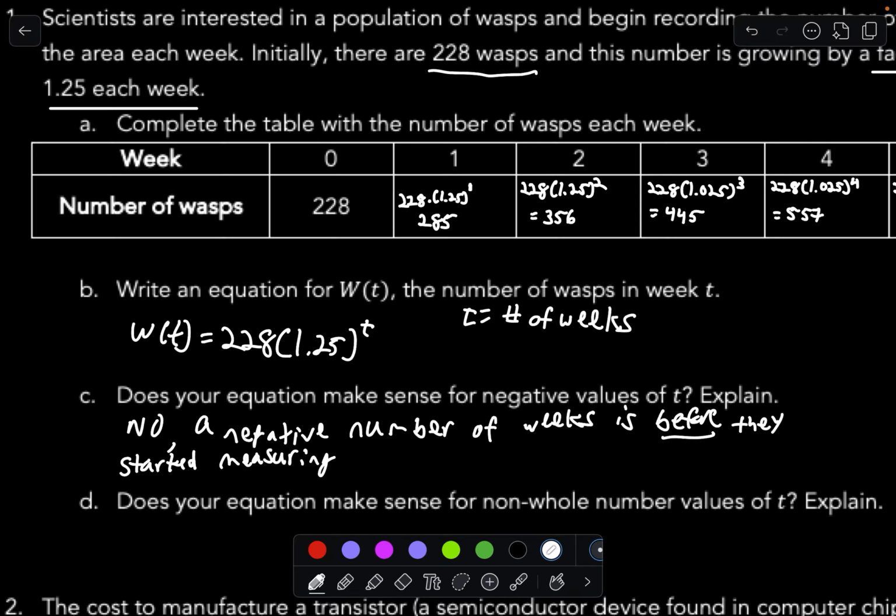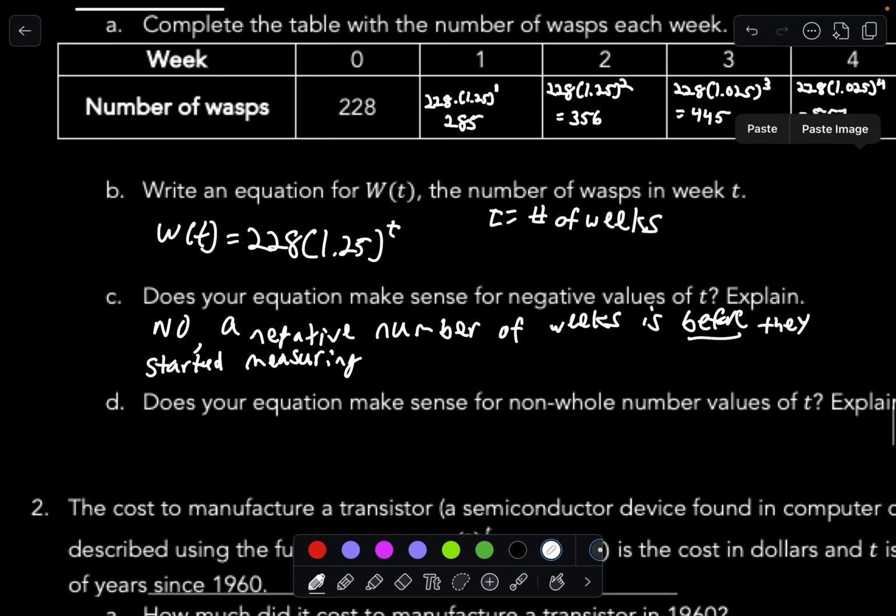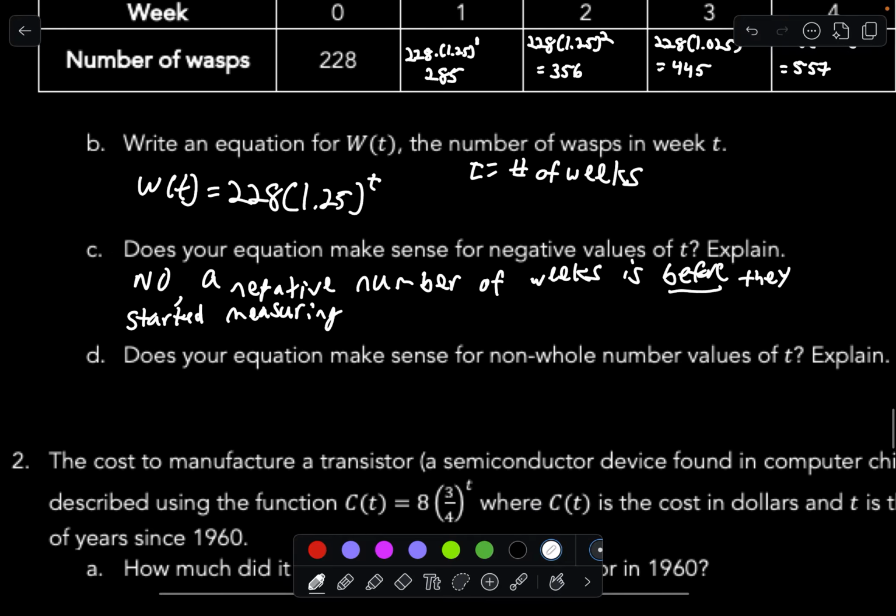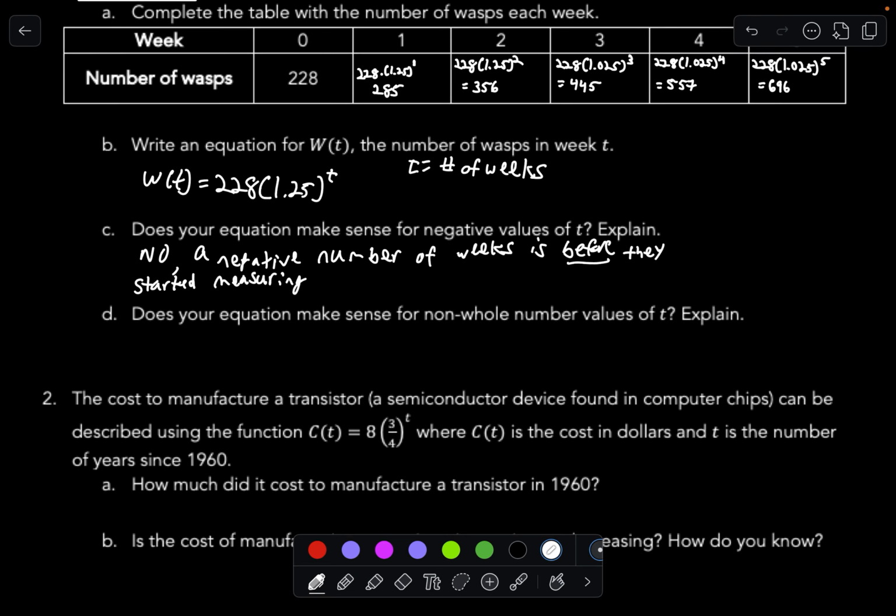You have no idea for the prior weeks how the number was behaving. You could assume it behaved in the same manner, in which case you could then go towards the negative, which just means it was like the week before you got your first count and so forth. But that's making an assumption.